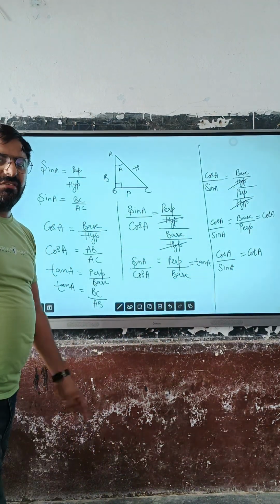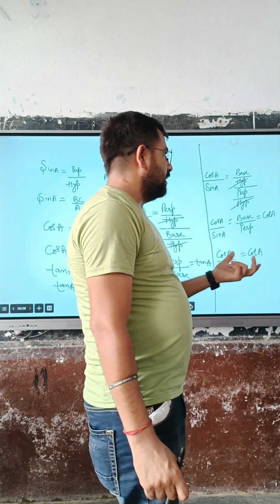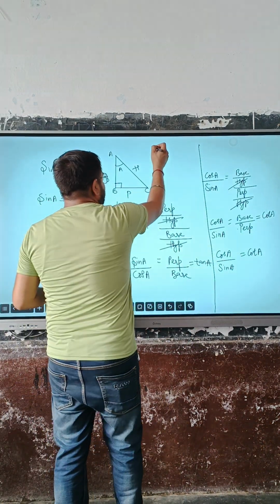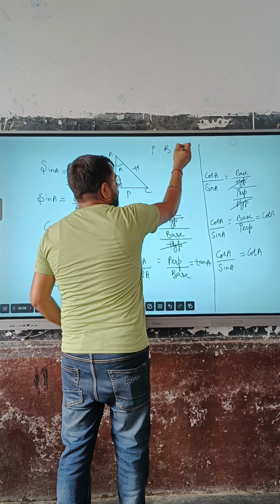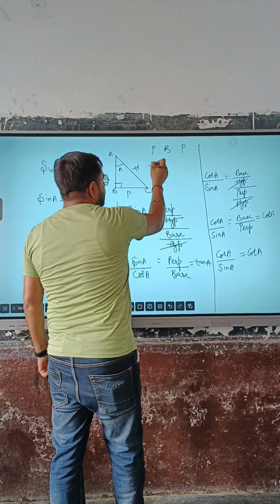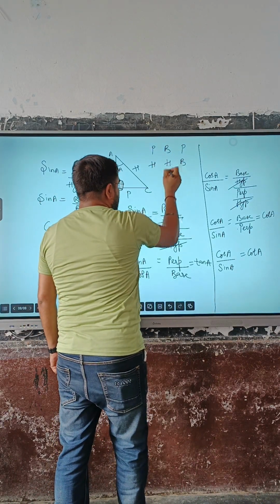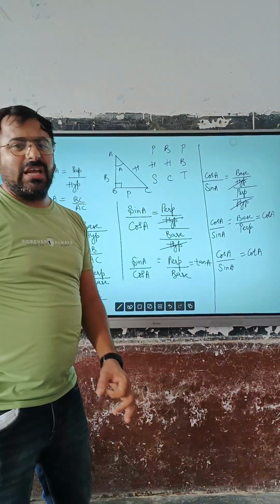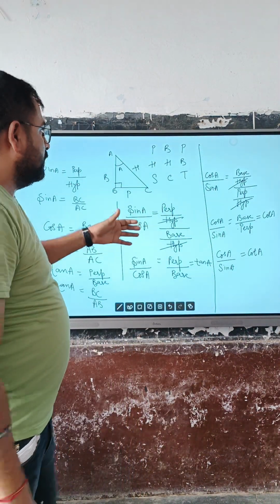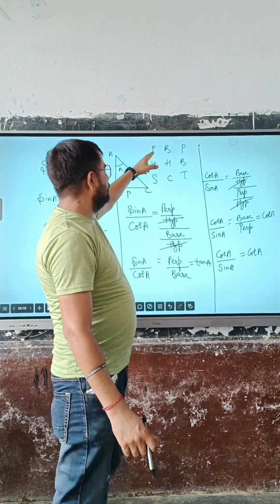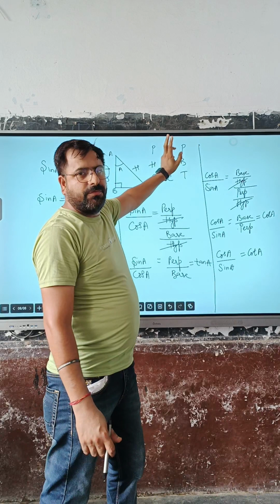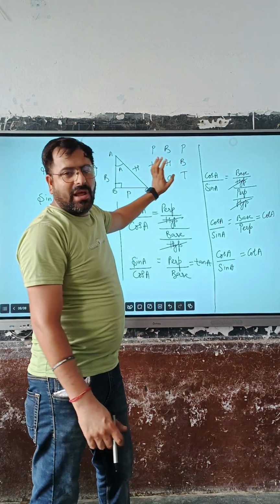We can easily learn this concept by the line "Pandit Badri Prasad har bole sona chandi tole". P for perpendicular, B for base, H for hypotenuse.